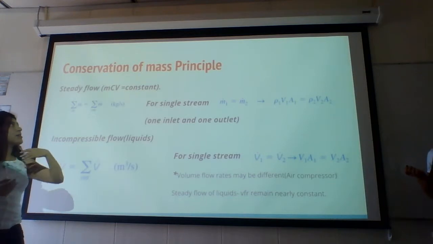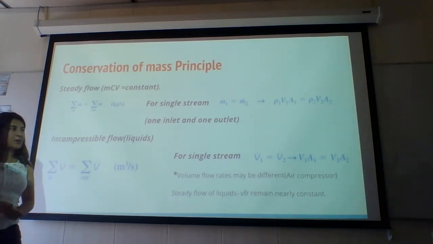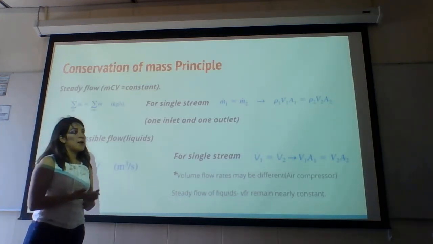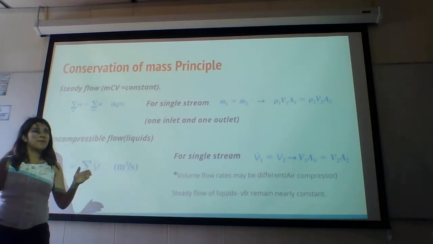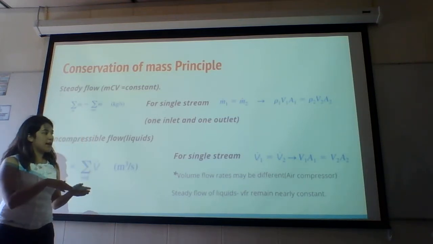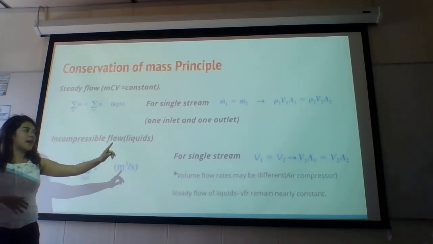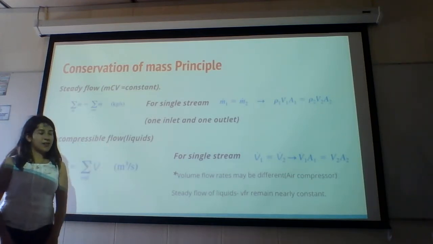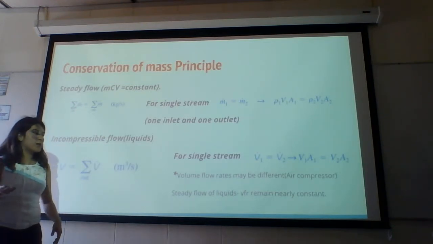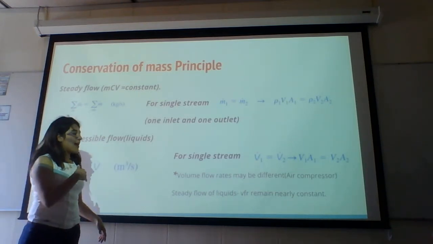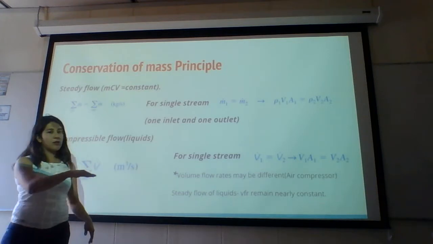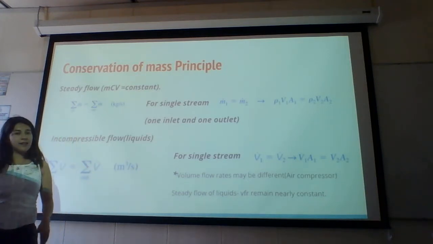But because there is no conservation of volume principle, there are some cases where the volume flow rate going in is not the same as the volume flow rate going out. This is the case for the air compressor, but for the other cases we're going to say that the volume flow rate remains nearly constant.